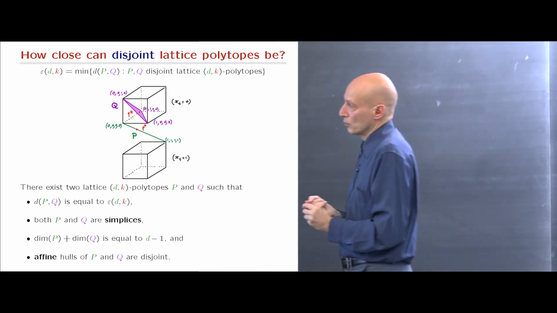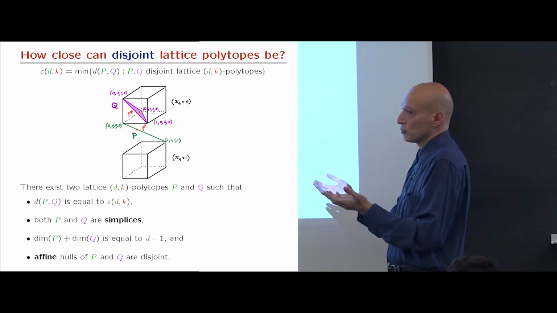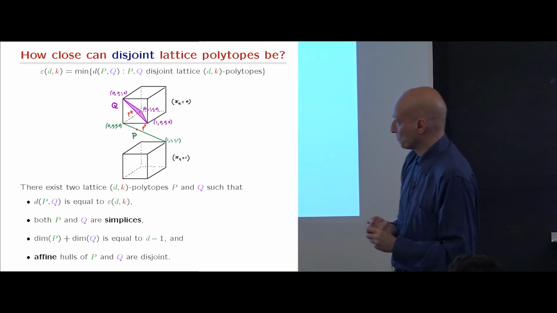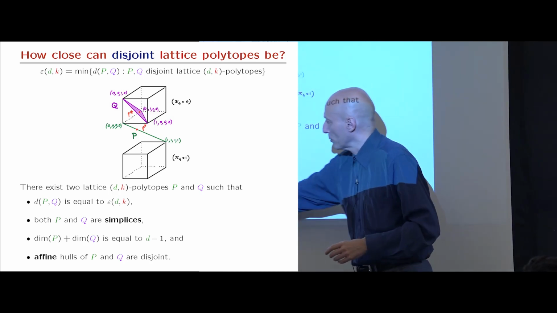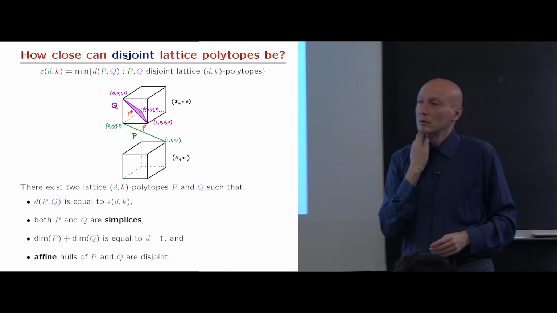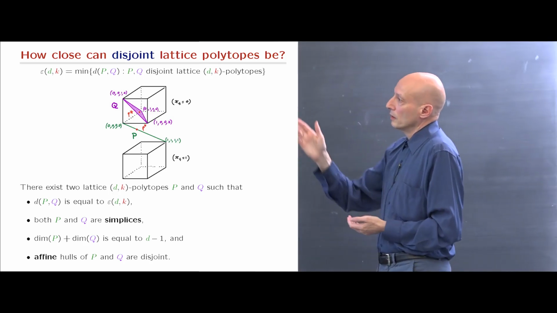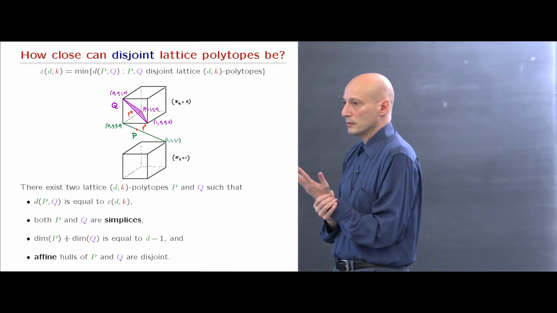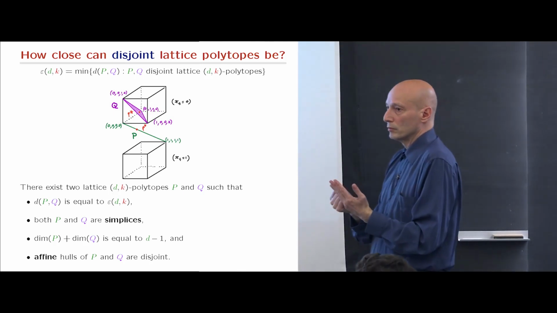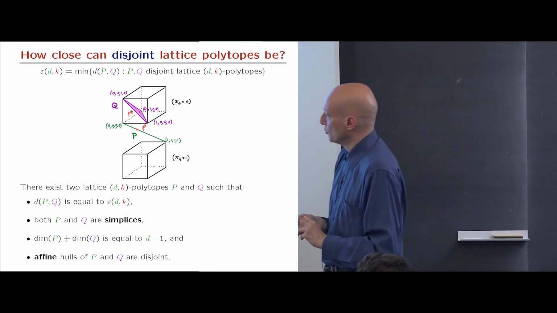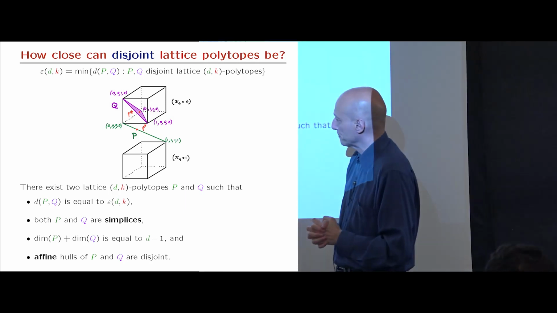The number of vertices in P plus Q will be D plus 1. So in dimension 4, I can involve only 5 vertices, one guy alone versus 4, 2 versus 3, and that's it. They sum up to D plus 1, and they are disjoint.